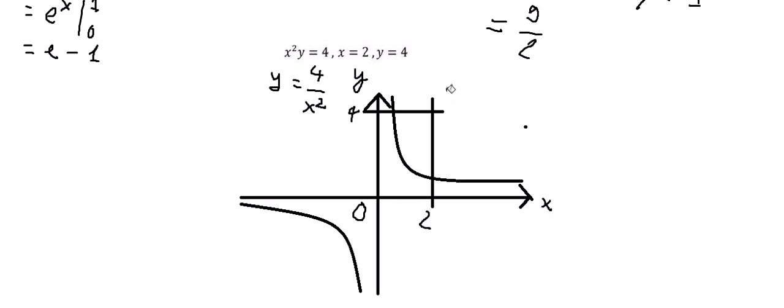The area we need to find should be this one, or this one, sorry. So we just need to find the intersection of this point in here. So we put 4 in here, and you get x equals 1. So here is 1.